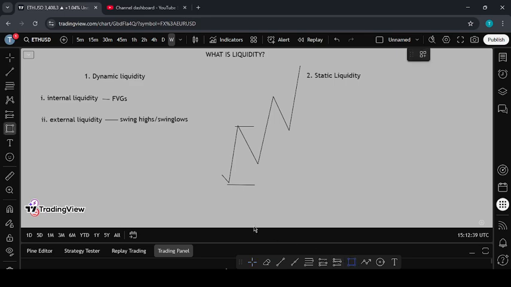Market must move from an internal range liquidity, which is fair value gaps. So as it moves and creates a new swing high, it creates another fair value gap, FVG, on the swing, while sweeping an external range liquidity at the top right here.